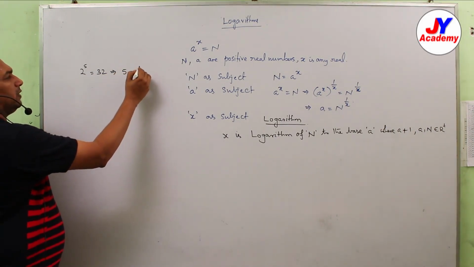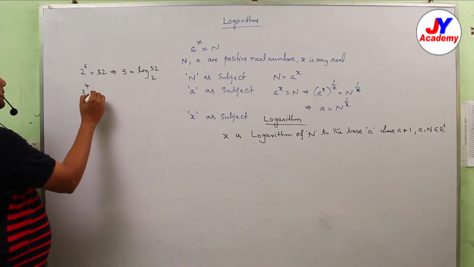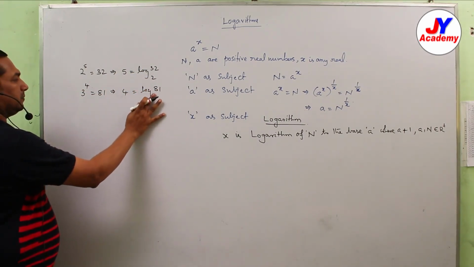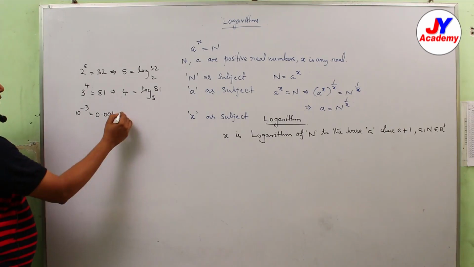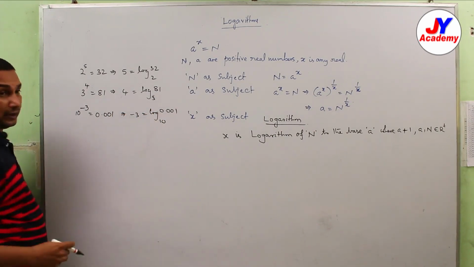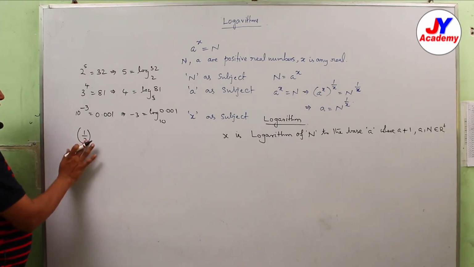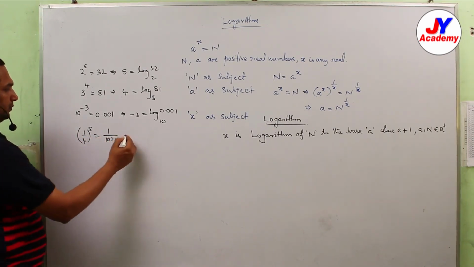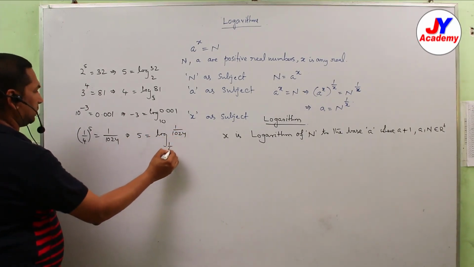So 5 is equal to log 32 base 2. 3 power 4 is equal to 81, then 4 is equal to log 81 base 3. 10 power minus 3 is equal to 0.001, then minus 3 is equal to log 0.001 base 10. 1 by 4 whole power 5 is equal to 1 by 1024, then 5 is equal to log 1 by 1024 base 1 by 4.